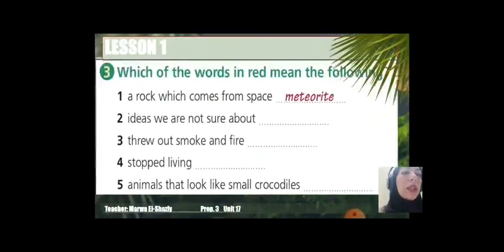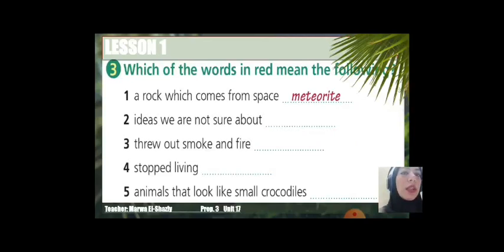We're still in lesson 1, exercise 3. Which of the words in red mean the following? Number 1 is done for you. A rock which comes from space? Yes, meteorite. 2. Ideas we're not sure about. 3. Threw out smoke and fire. 4. Stopped living. 5.